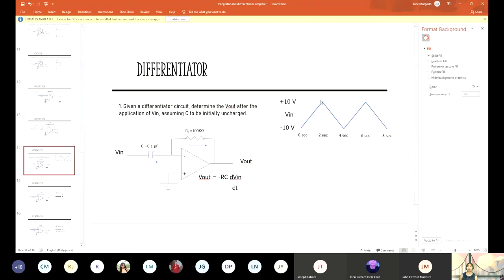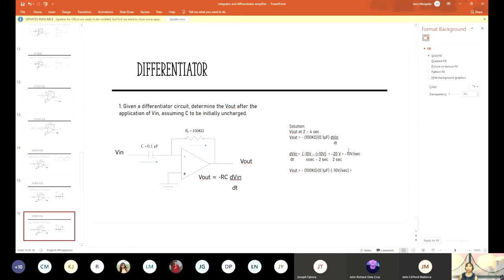Tama naman yun because pababa. Pagpataas, positive slope. Pagpababa, negative slope. Okay? So, we have negative slope here, negative 10 volts. So, kung ang sagot natin kanina is negative 0.1, so expectedly, this should be positive 0.1 volts. Okay?